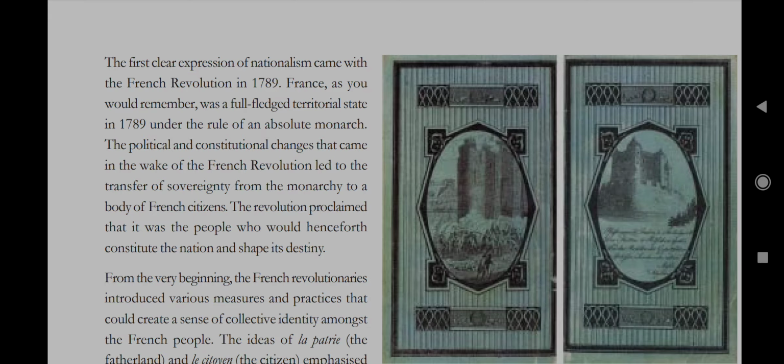This is to be remembered. France, as you would remember, was a full-fledged territorial state in 1789 under the rule of an absolute monarch. Its ruler was then forced to flee, and all that happened during the French Revolution.